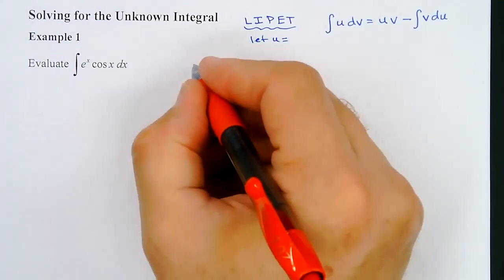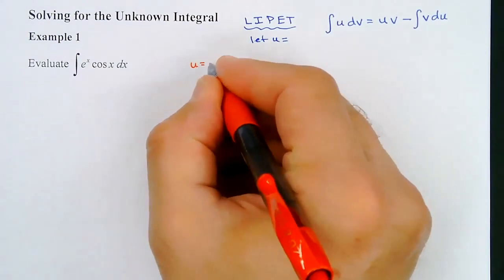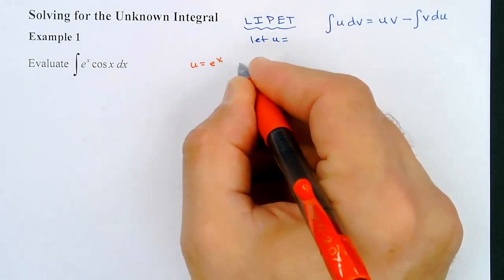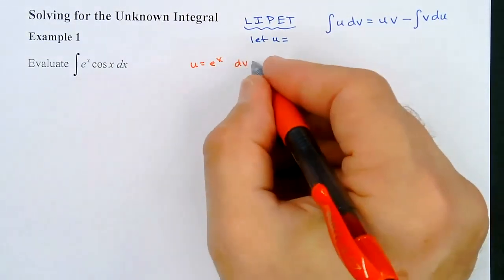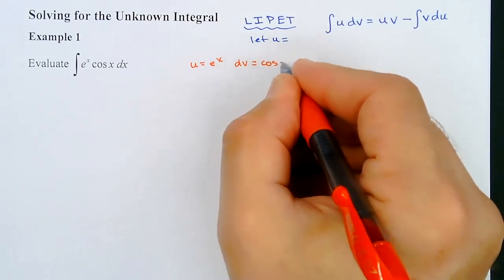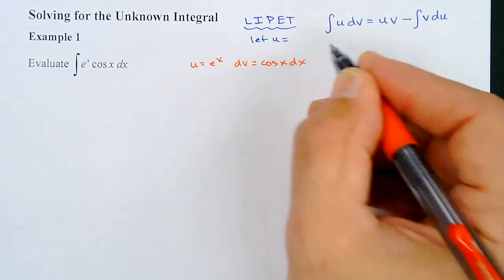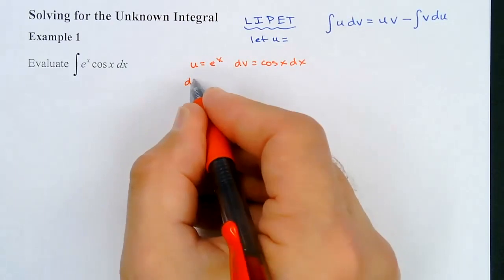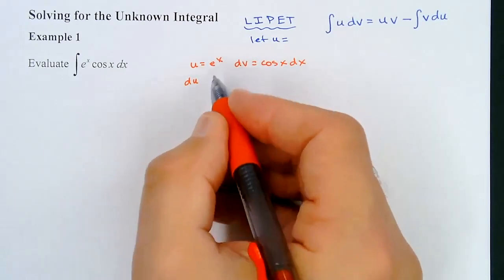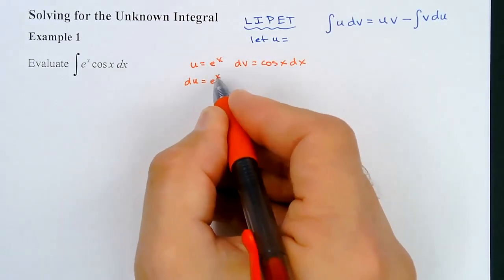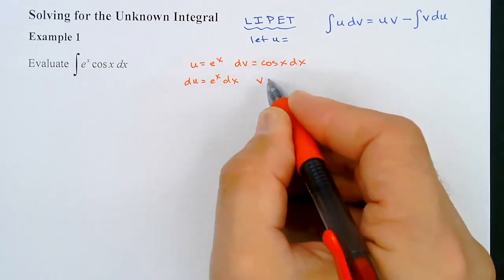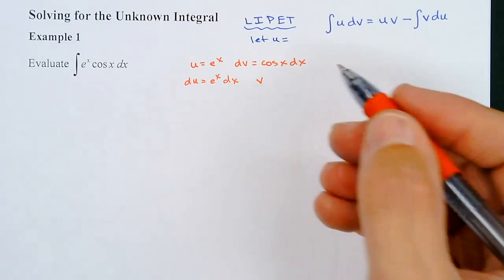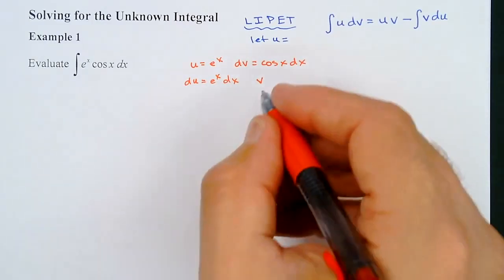We're going to let u equal e to the x, and then dv will have to be everything else, so cosine x dx. And then du, the derivative of e to the x, would be e to the x dx. And for my v, I would have to integrate dv, and the integral of cosine x is sine x.